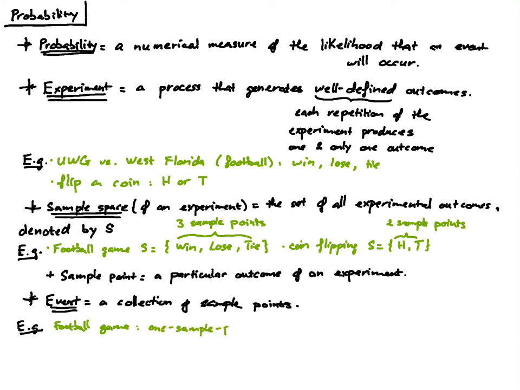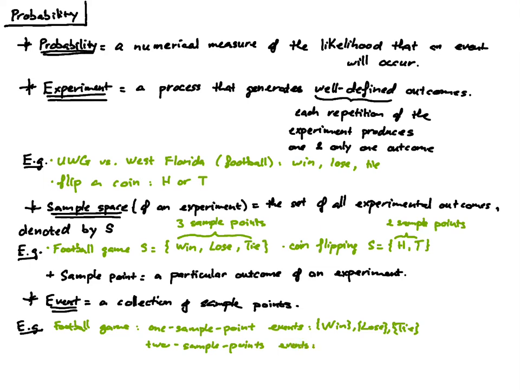One sample point events: win, lose, tie, right? But then we can also have two sample point events.